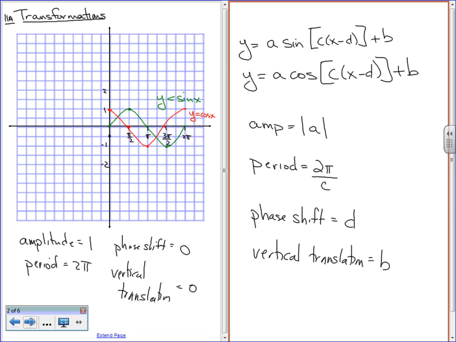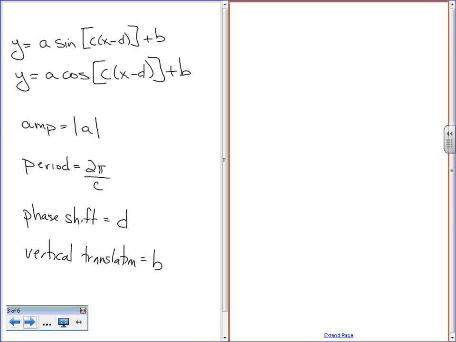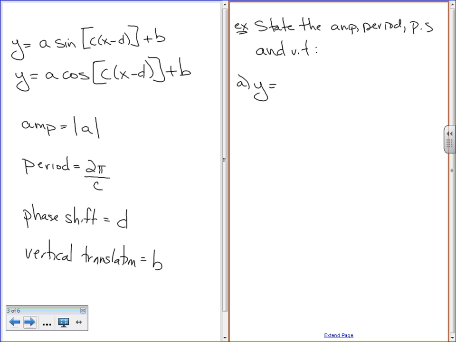Okay, so just a couple quick questions on identifying the amplitude, period, phase shift, and vertical translation through transformed functions. So example, state the amplitude, period, phase shift, and vertical translation of the function.